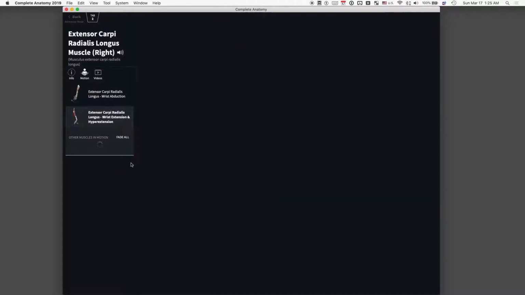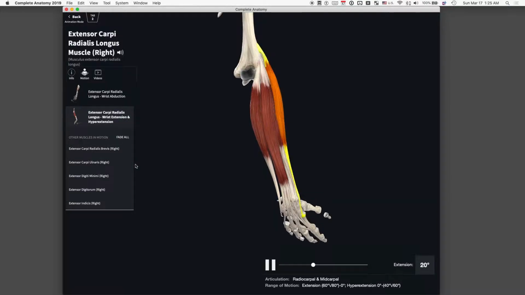And this muscle is also involved in wrist extension as well as hyperextension.